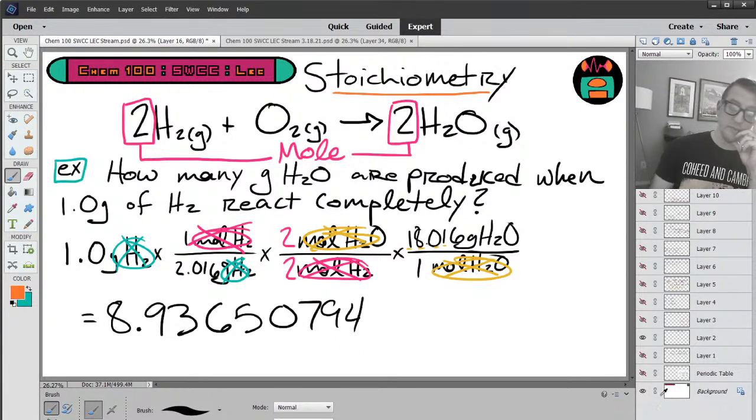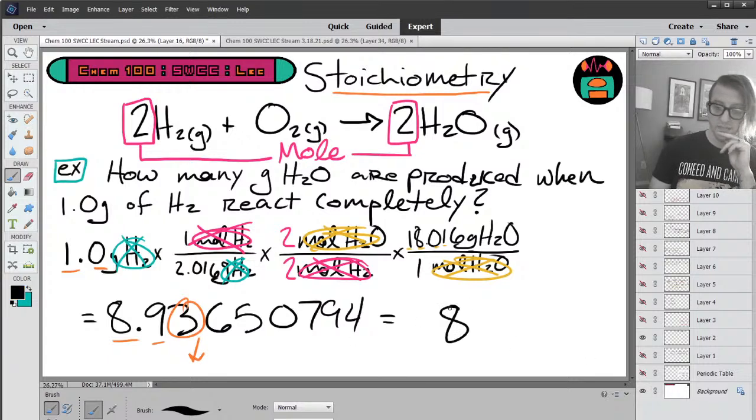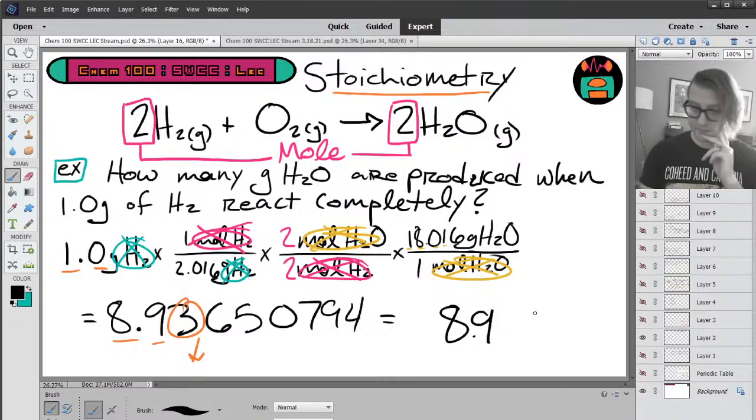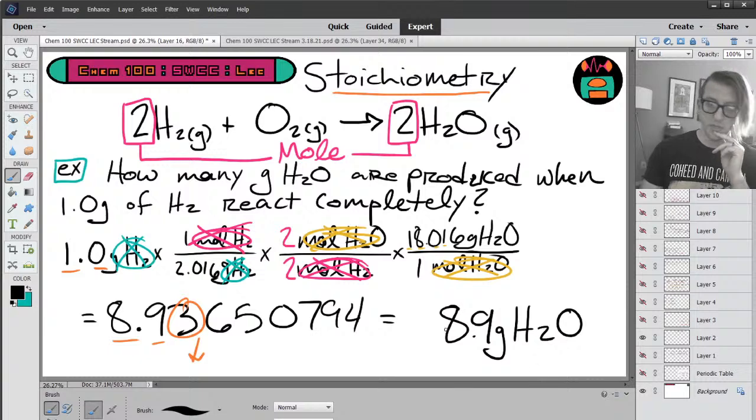However, I am going to be limited to 2 significant figures by my initial mass. 3 rounds down, and so my final answer is 8.9 grams of water are produced.